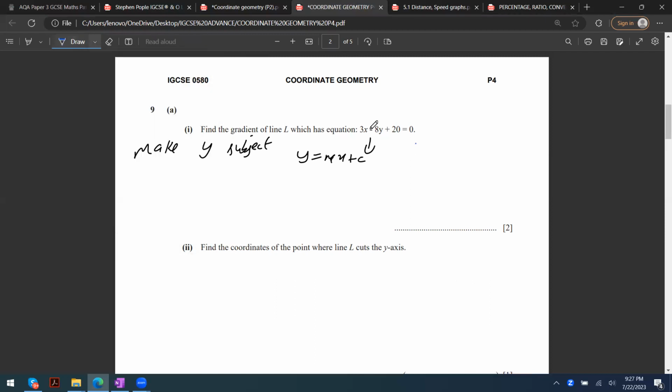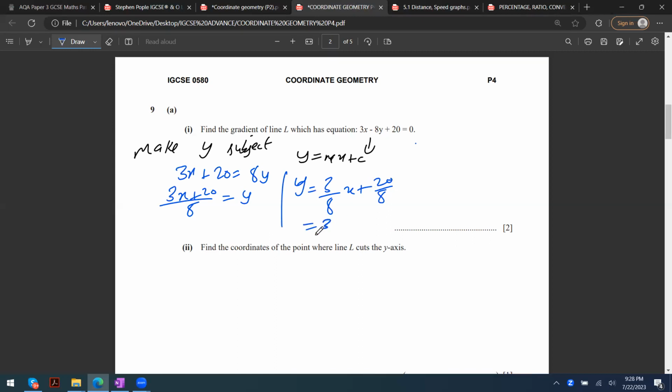So let's make 8y, move it to the right side. 3x plus 20 is equal to 8y. This 8, we need to separate y from 8, so divide everything by 8. 3x plus 20 divided by 8 is equal to y. So distribute this denominator to each of the terms. So y is equal to 3 over 8x plus 20 over 8. You can also simplify this 20 over 8.